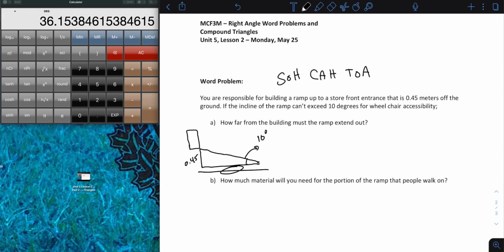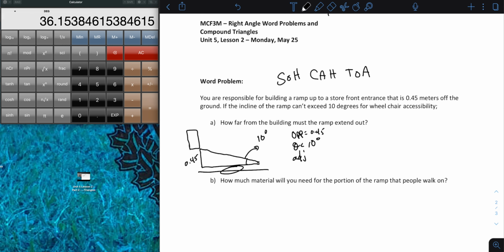I'm going to be standing in this angle, and I'm going to look over. That's going to be my opposite. So I know opposite, and I know my angle is 10 degrees. And that leaves me with adjacent is what I want to solve for.